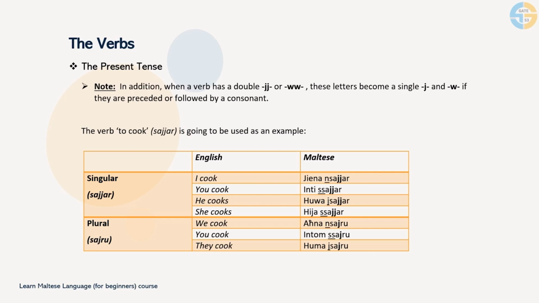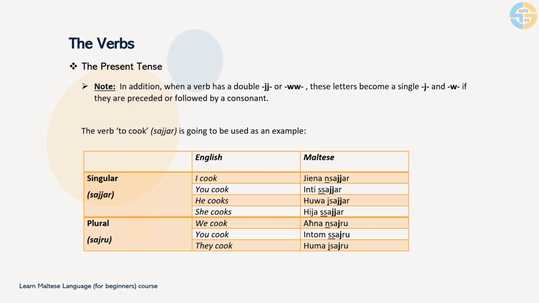Another note. In addition, when a verb has a double y near each other, or a double w, these letters become a single y and w if they are preceded or followed by a consonant.